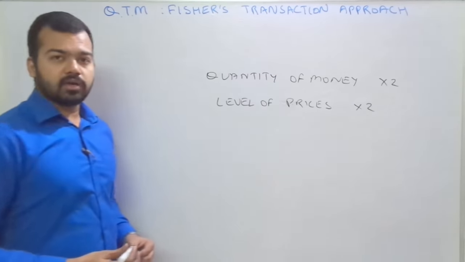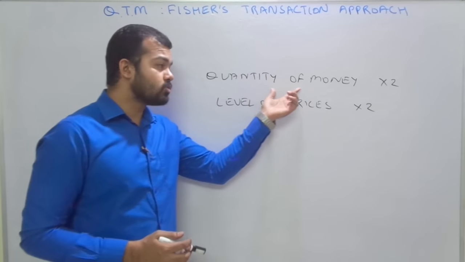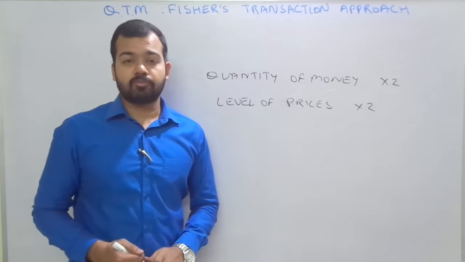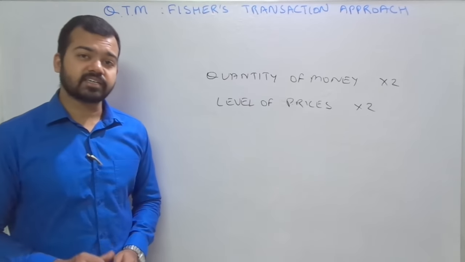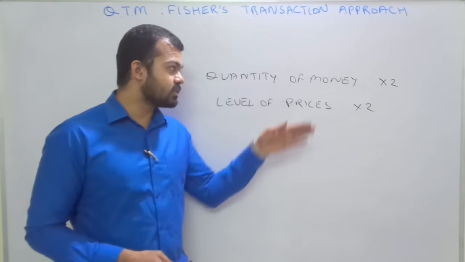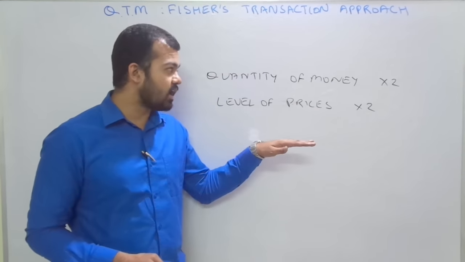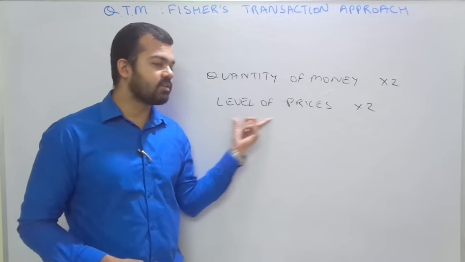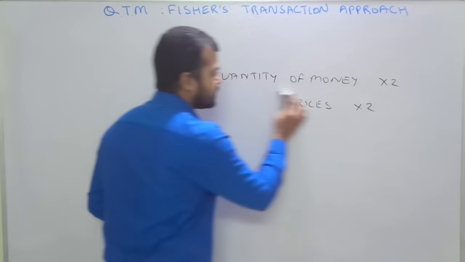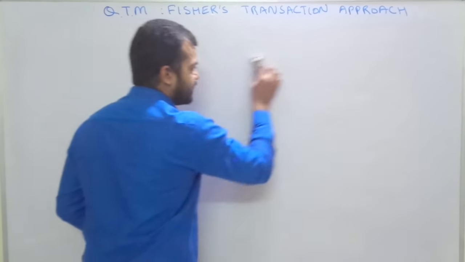Doubling the quantity of money leads to a doubling of the level of prices. It means there is a direct relationship between these two. And we can also say vice versa: whenever we cut the quantity of money by half, the price level will be half.